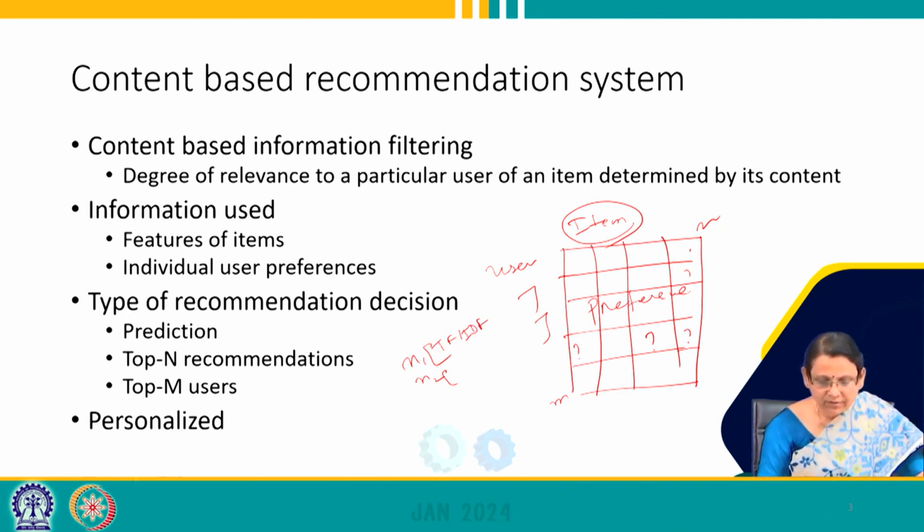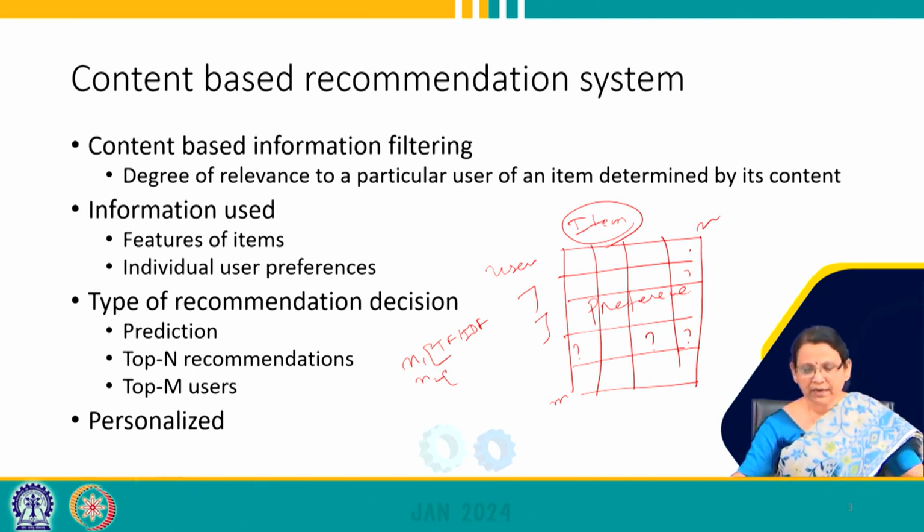So, once you have this TF-IDF rating ready, then it has to be integrated with individual user preferences, and we can now give some kind of rating prediction for specific users. So, here again you can make 3 types of recommendation decision: prediction, top n recommendation for individual users, and top m users who are going to like the item.